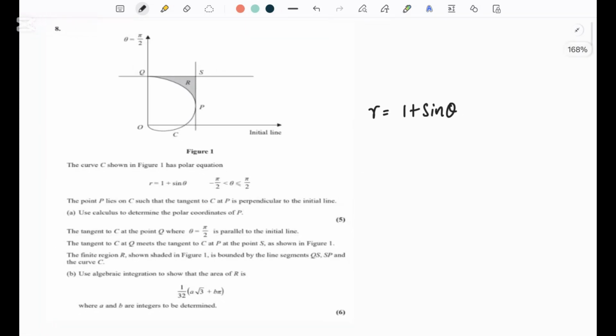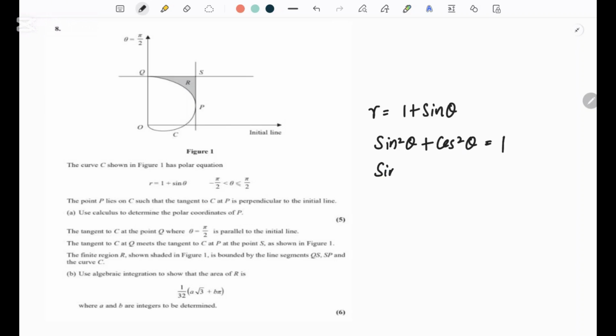So what I'll do is write sine theta in terms of cos theta, because we know sine theta is y over r, so that gives y coordinates, but we are trying to find the x coordinate for P. Now you know sine squared plus cos squared theta equals 1.